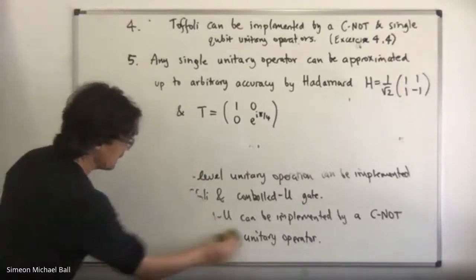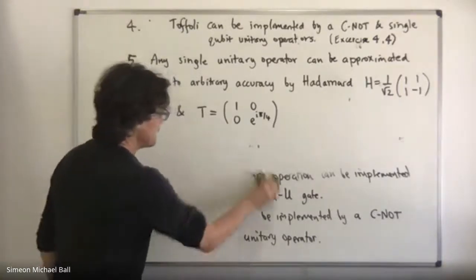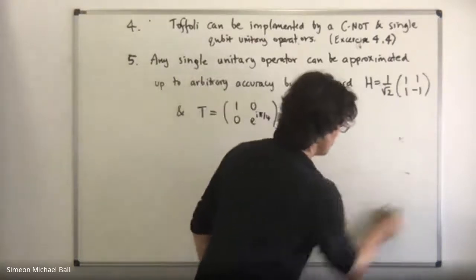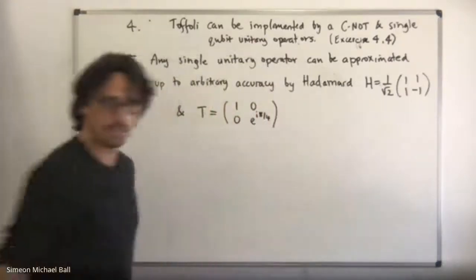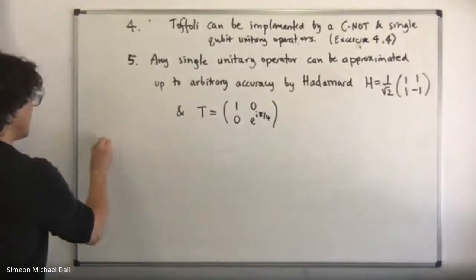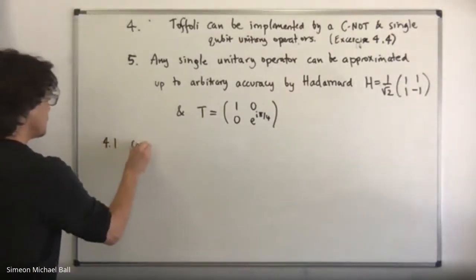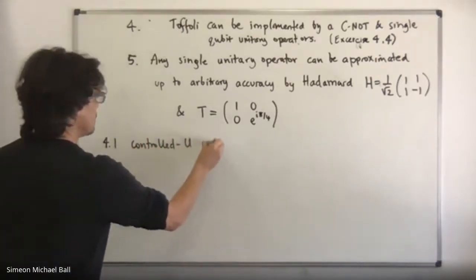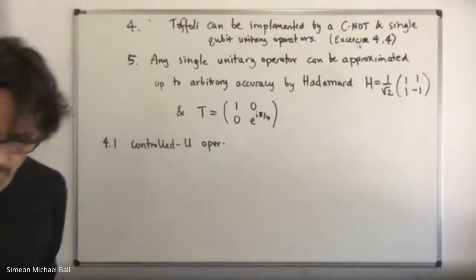Okay, so that's the plan. So first things first, I have to tell you what controlled U is. I don't know if we saw that in the introduction. So 4.1. Control U gates.